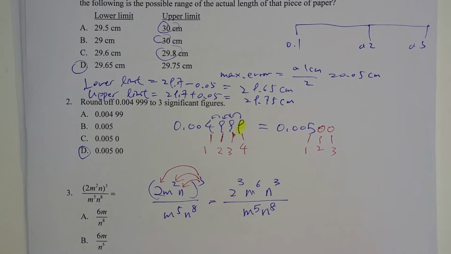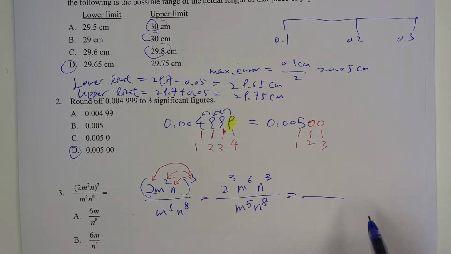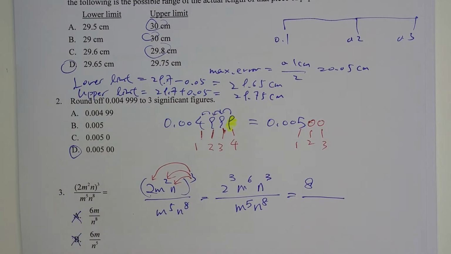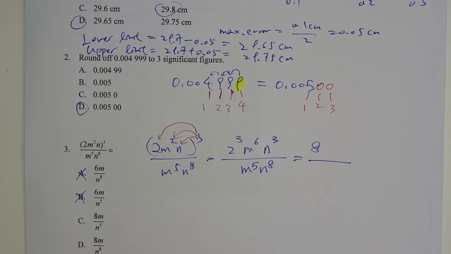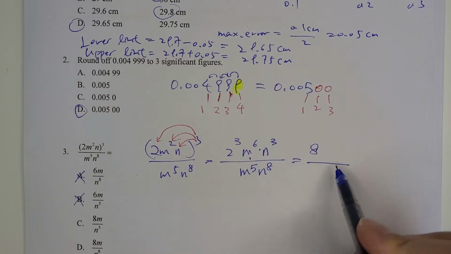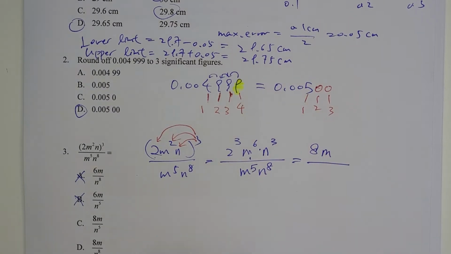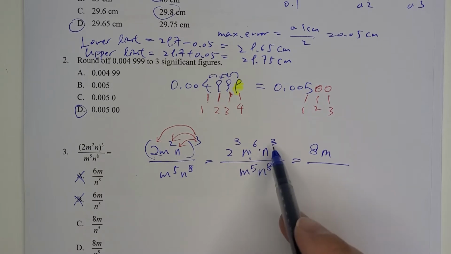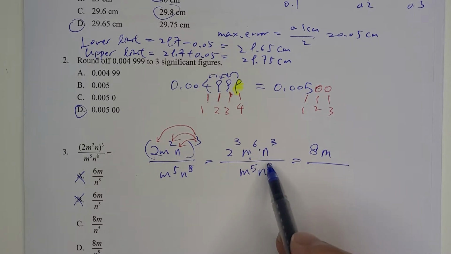So after you do the simplification, they will become 2 to the power 3, that's 8. So A, B are not the answer. And then m to the power 6 over m to the power 5, so it's m to the power 1 here. And finally, n to the power 3 over n to the power 8. When you are doing the division with the same base, then you are doing the subtraction of the index.